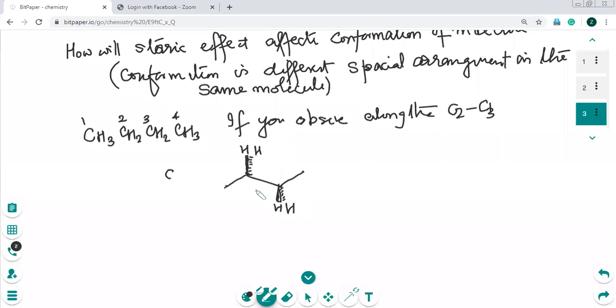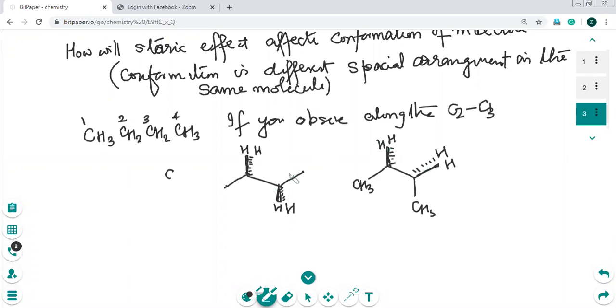So this is one way of drawing it. I can draw the same thing in a different way. I will put this here and my CH3, and my hydrogen over here. So this is butane molecule.